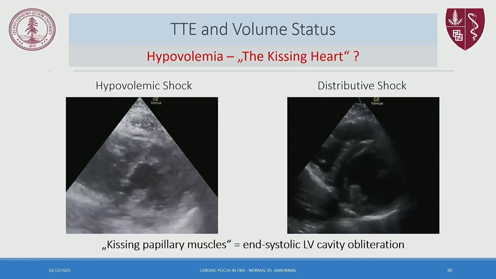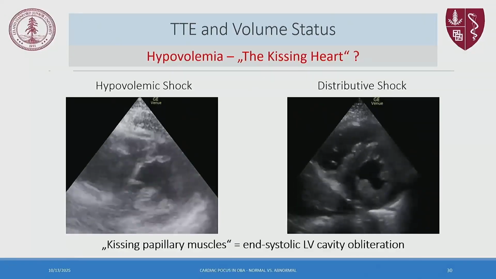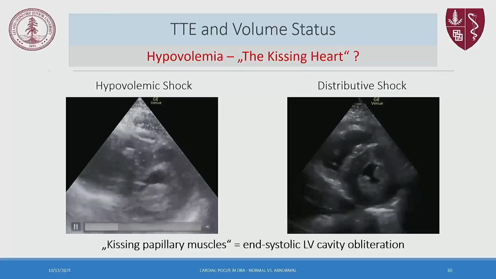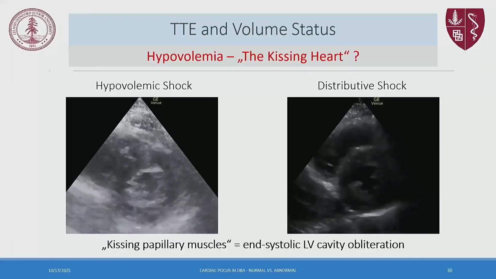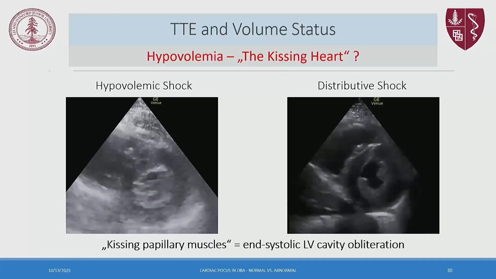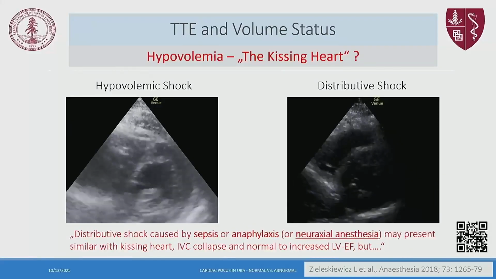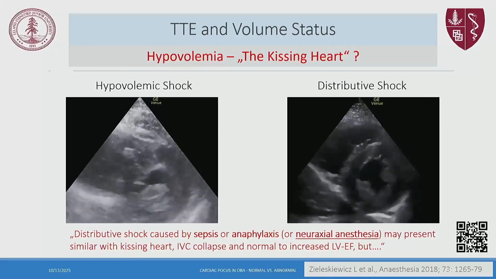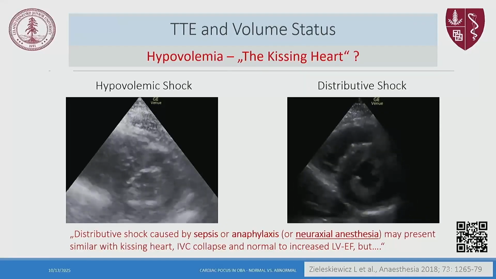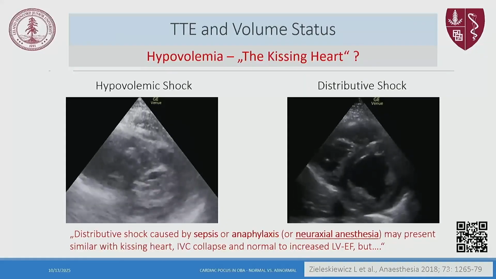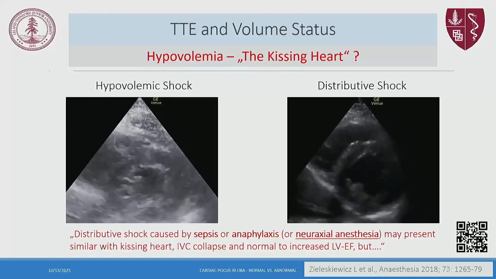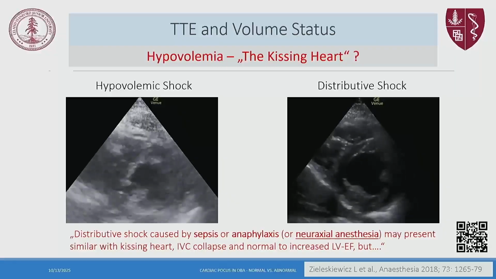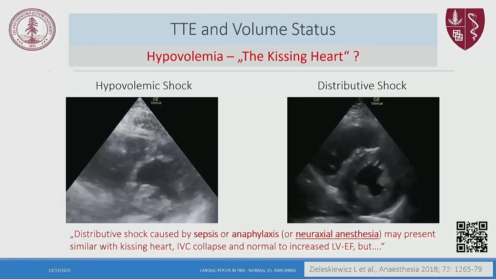Then we also very often hear about kissing papillary muscles. Kissing papillary muscles is when the papillary muscles are kissing each other in the parasternal short axis view. But it's important for us in this patient population that distributive shock caused by sepsis, like chorioamnionitis, or anaphylaxis, or also when they have an epidural catheter in place, may present like a kissing heart with IVC collapse and normal to increased LVEF.